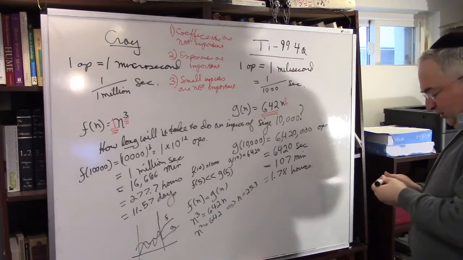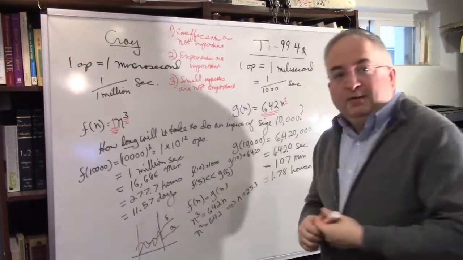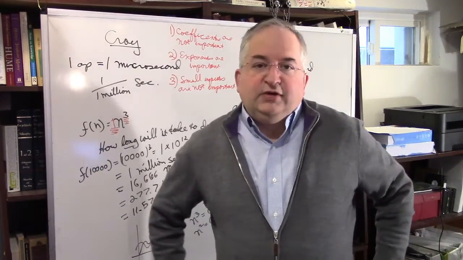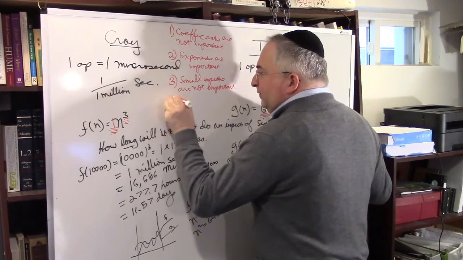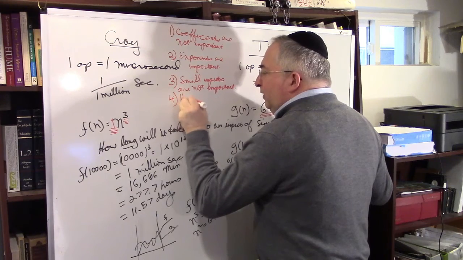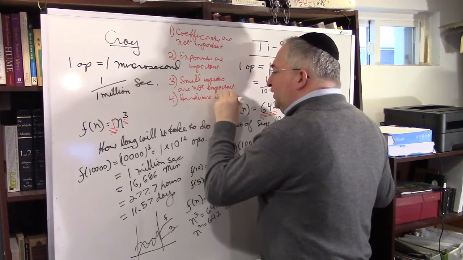And the fourth rule is a little bit, I'm going to make it as a joke, but there's a very serious point to it. And the idea is as follows: hardware is not important.